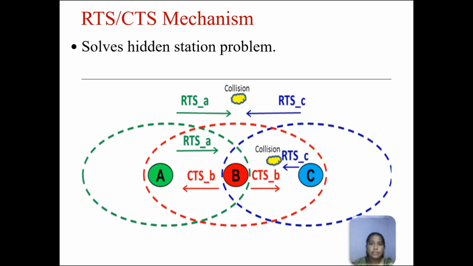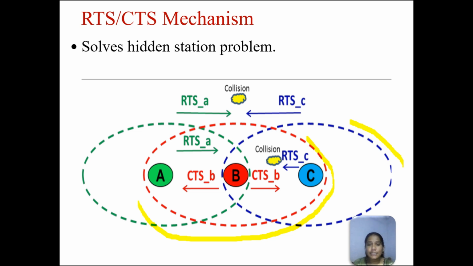One major challenge in wireless LAN is the hidden station problem, where two stations cannot hear each other, like A and B. In the figure, you can see A's coverage area is represented by the green lines, B's coverage area by the yellow dotted lines, and C's coverage area by the blue dotted lines.